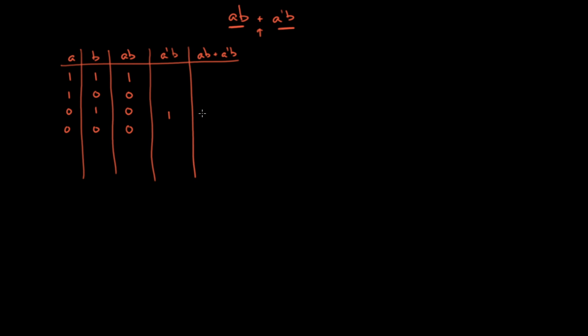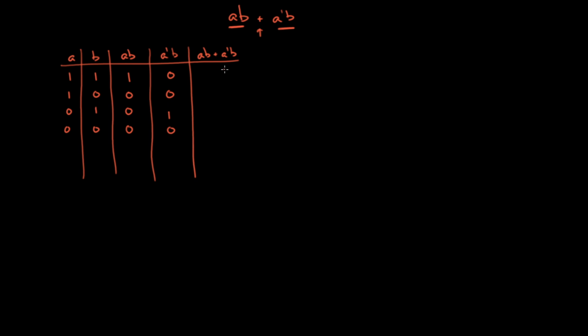Otherwise, this will not be true, because not true is false, anded with true is still false. The second one, not true, so false, anded with false is false. And then not false, which is true, anded with false is still false.